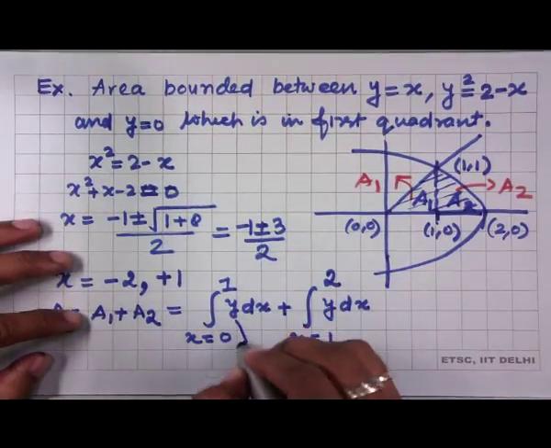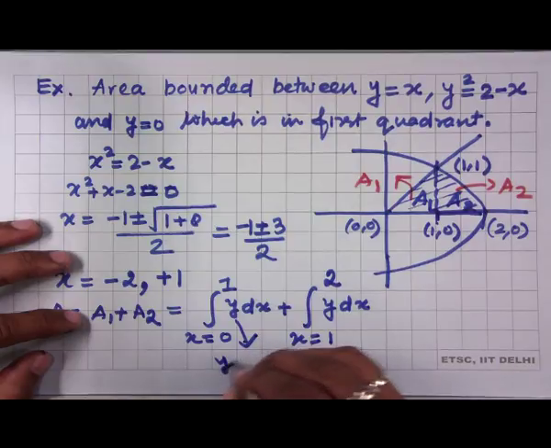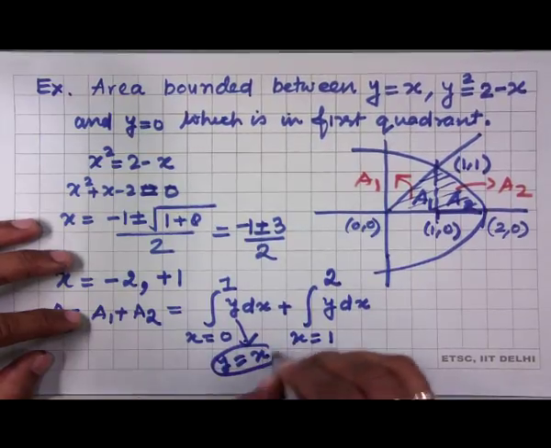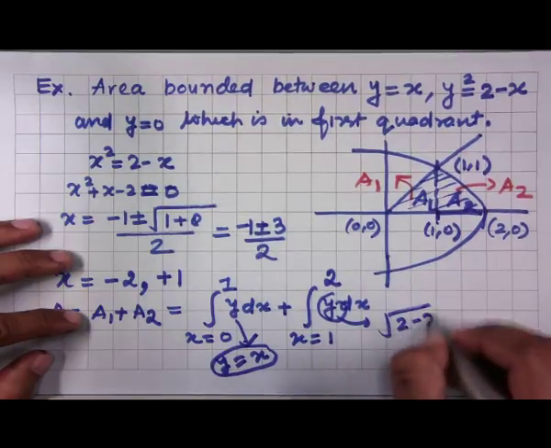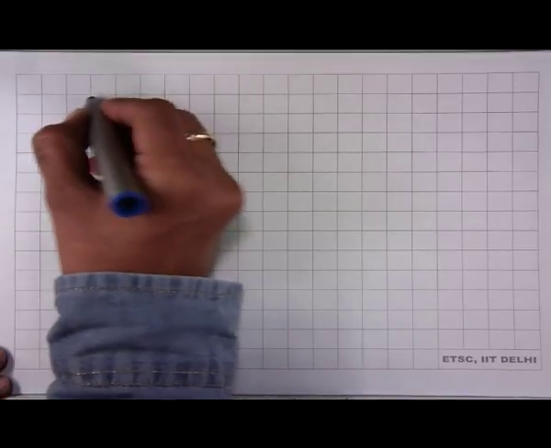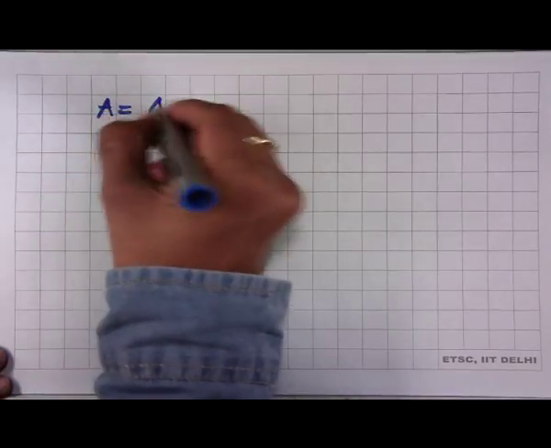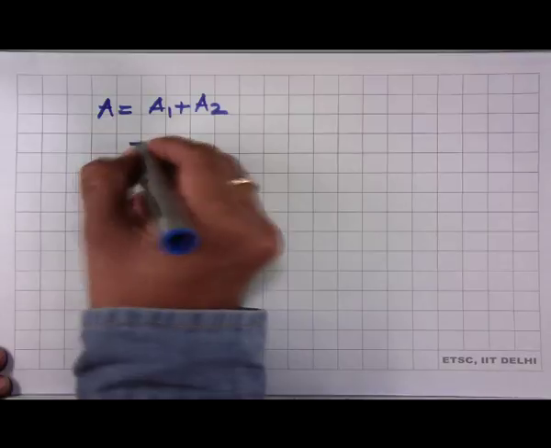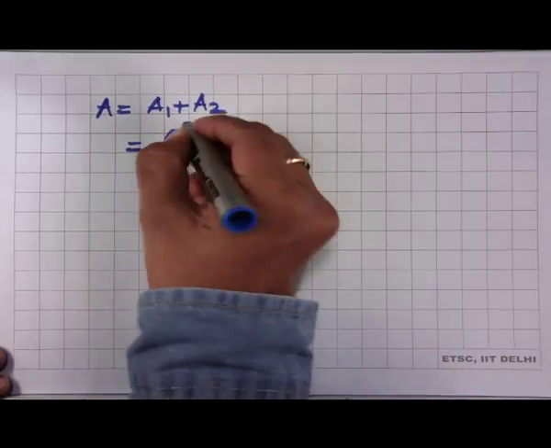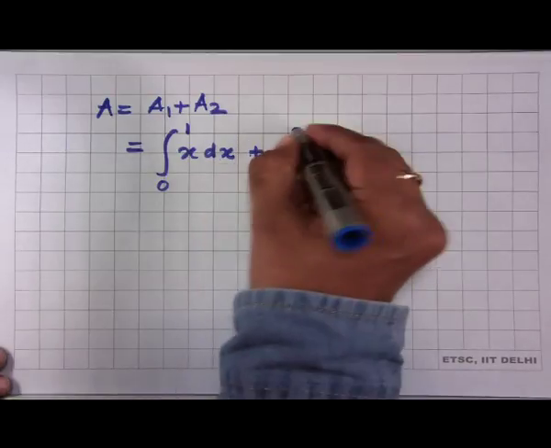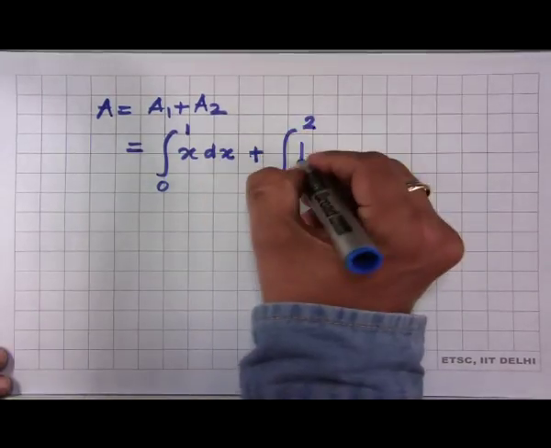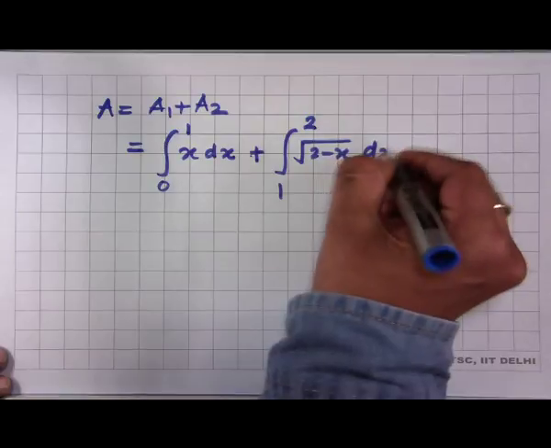This y is equal to x and this y is equal to under root 2 minus x. So, the total area required is A1 plus A2, which is integral 0 to 1 x dx plus integral 1 to 2 under root 2 minus x dx.